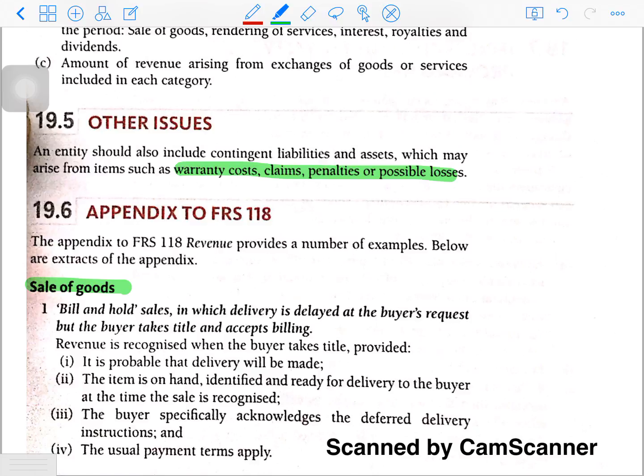Examples provided by the appendix to FRS 118 for revenue provide a number of examples.